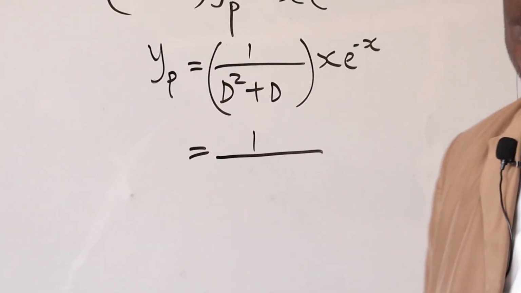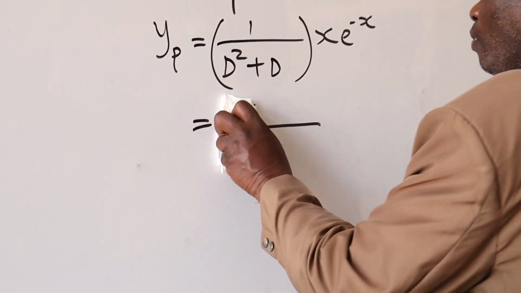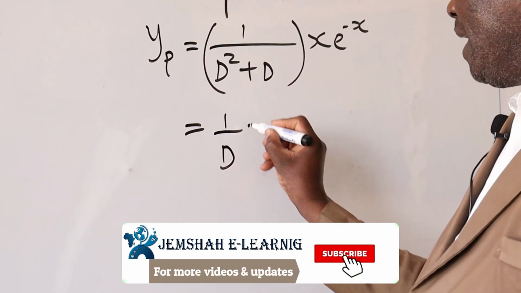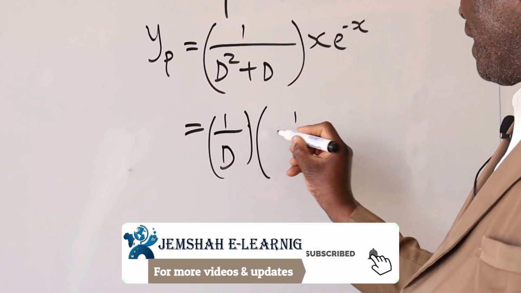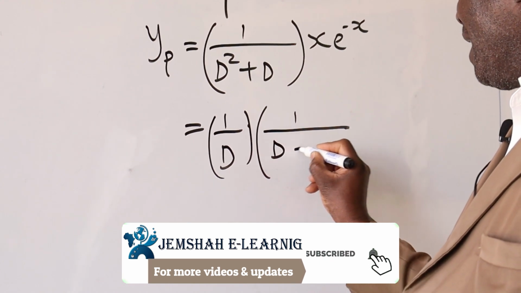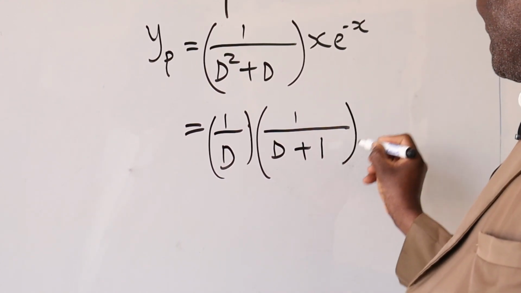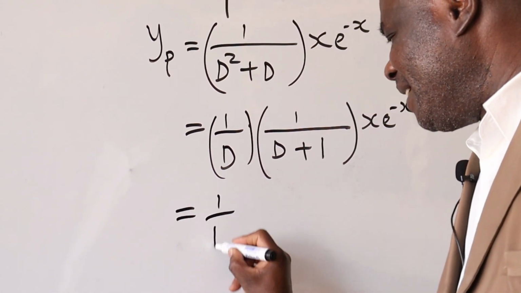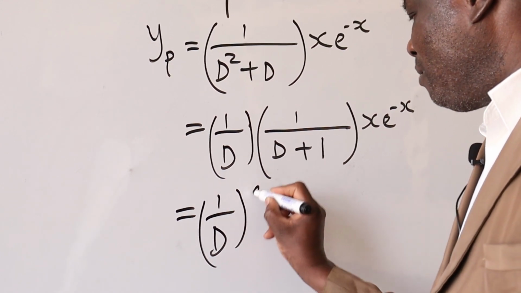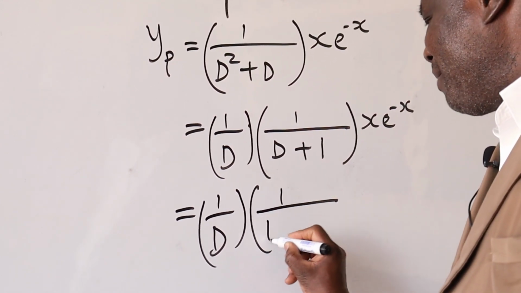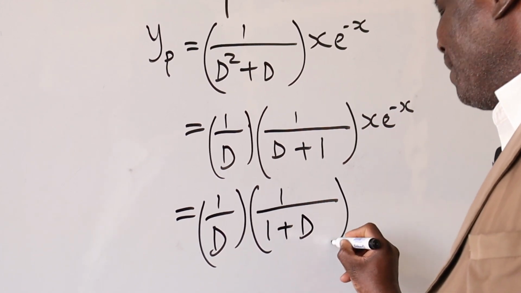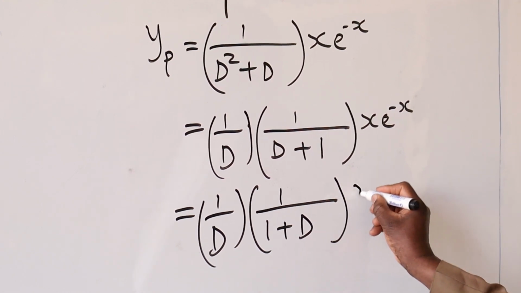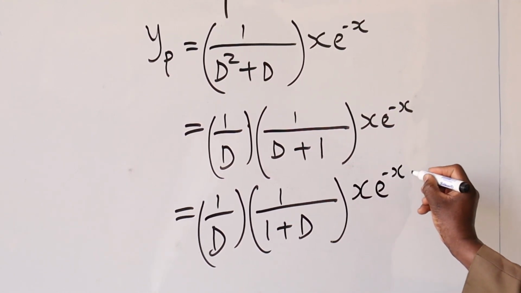We can factorize one of the D's out. This is the same as 1 all over D multiplying 1 all over D plus 1, now acting on x e power minus x, which we can write as 1 all over D now multiplying 1 all over 1 plus D, squared. So this is acting on x e power minus x.